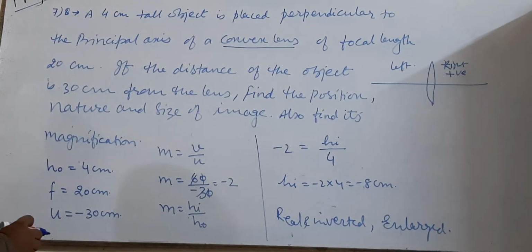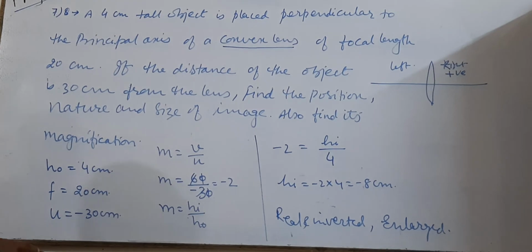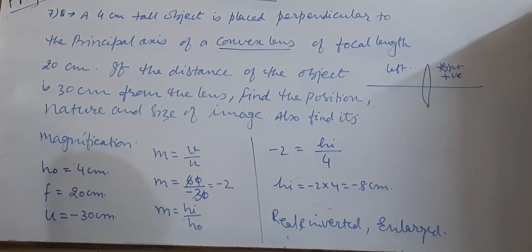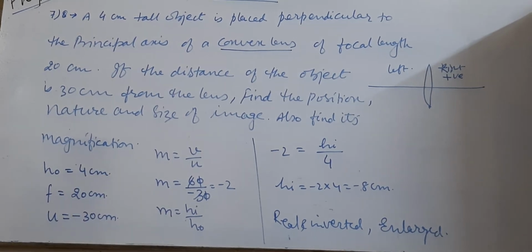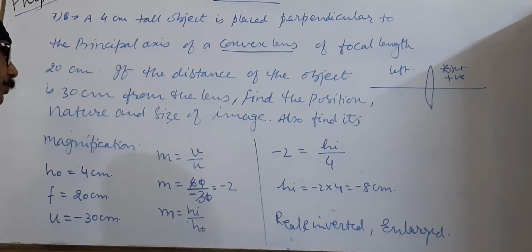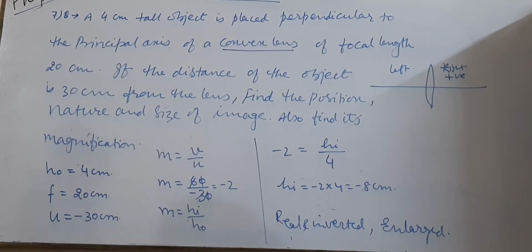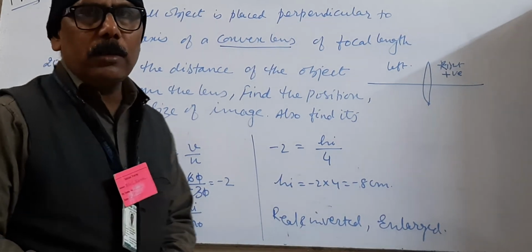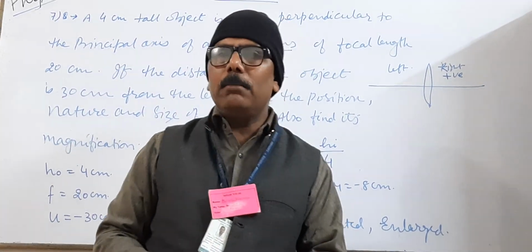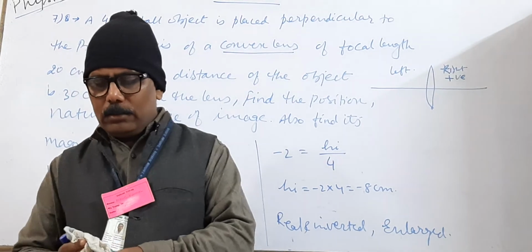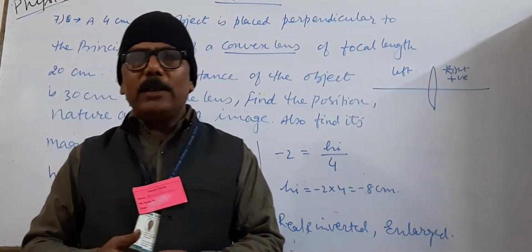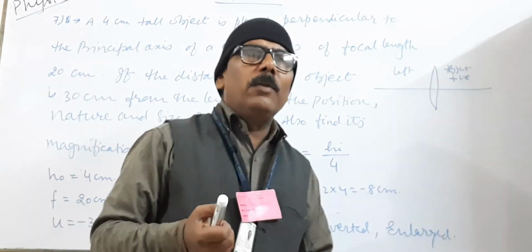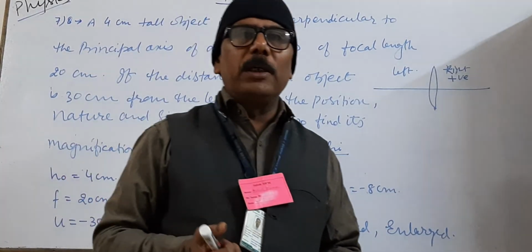So these are the few examples related to the formula which we have studied in this chapter. Based on this formula only, the numerical is asked in the examination, and also based on the ray diagram, and there are some application based questions asked related to the chapter which you have studied, refraction through glass prism.